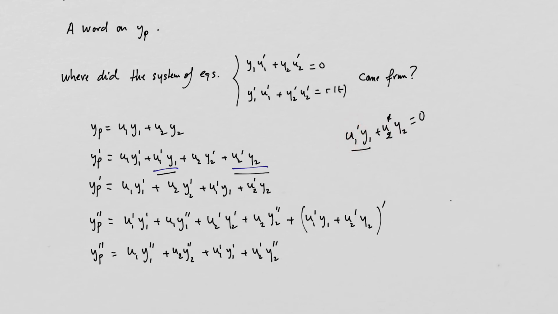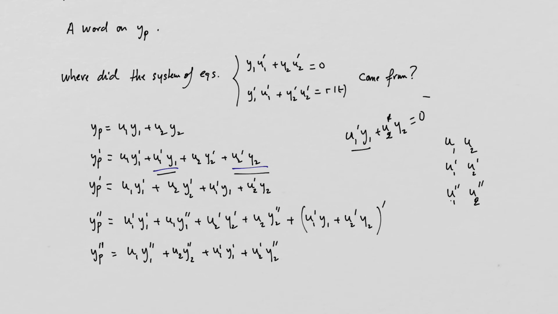Then I'm going to choose u2 prime in such a way that this expression gives me 0. The reason we do that is because we don't want to deal with too many variables. Here are the variables that we have: u1, u2, u1 prime, u2 prime, u1 double prime, u2 double prime. That's 6. That's too many.